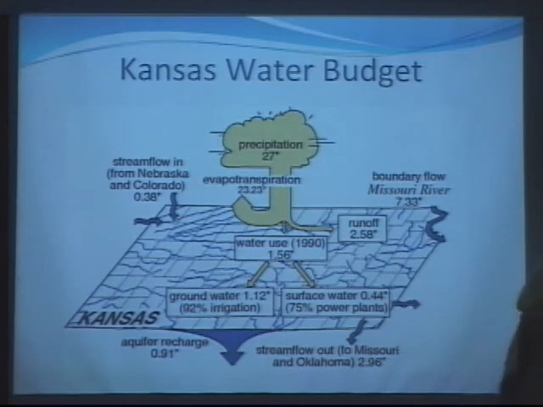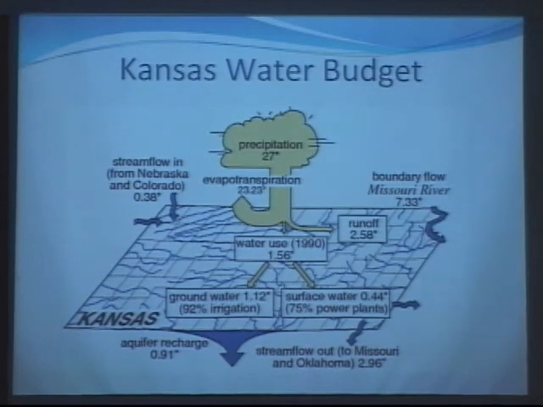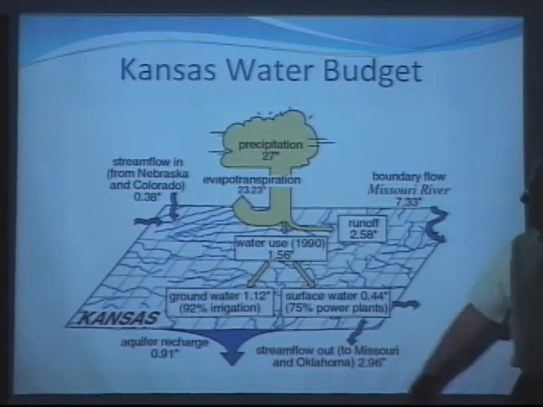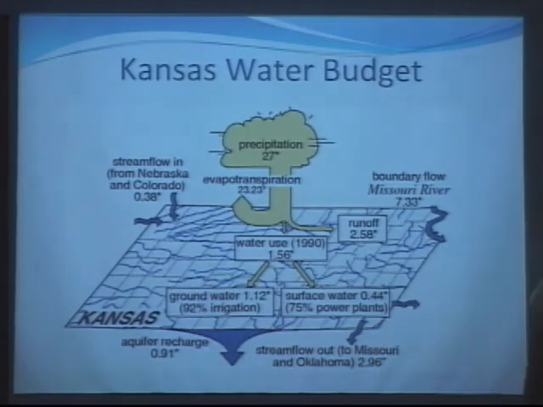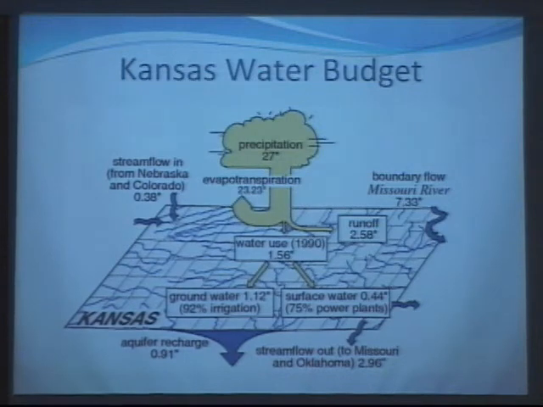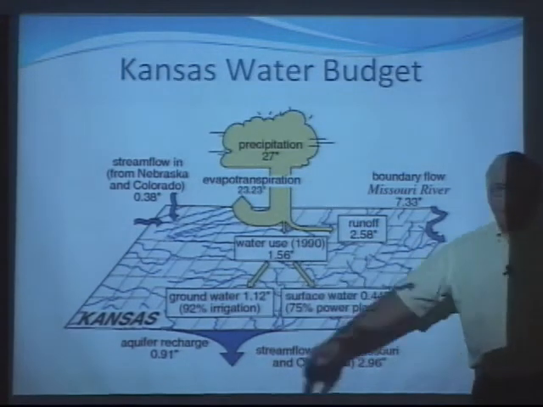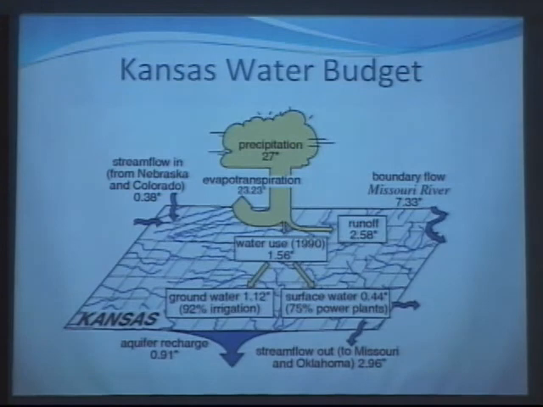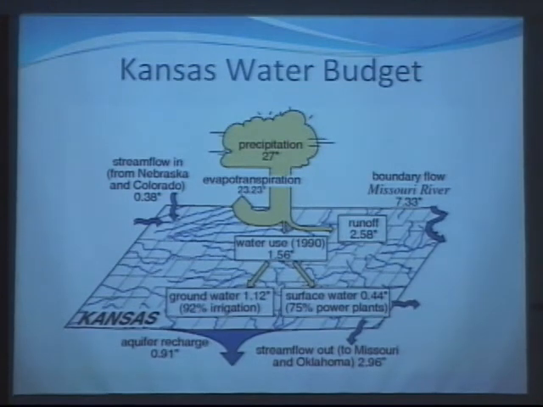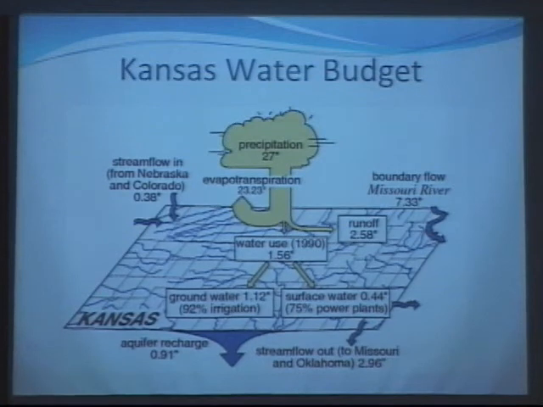Of this surface water, 75% is used by power plants like Jeffrey Energy Center over in Pottawatomie County. Of the groundwater, over 92% goes for irrigation. So of the bigger number, this is far and away the biggest use of water that's been diverted, not the water that just falls on a pasture and is evaporated. Irrigation is the biggest.